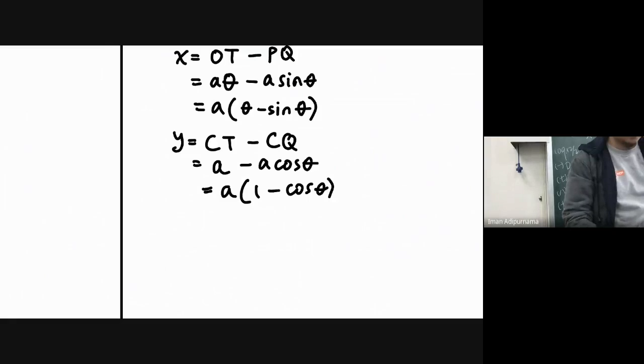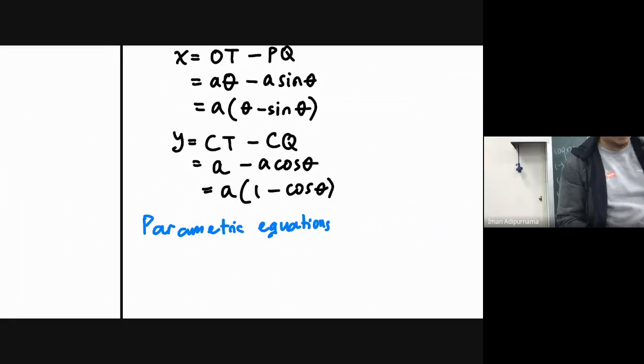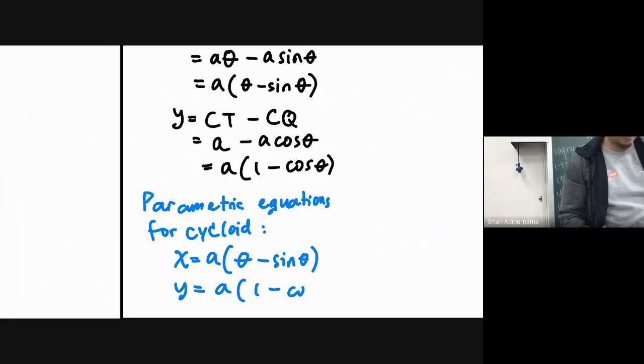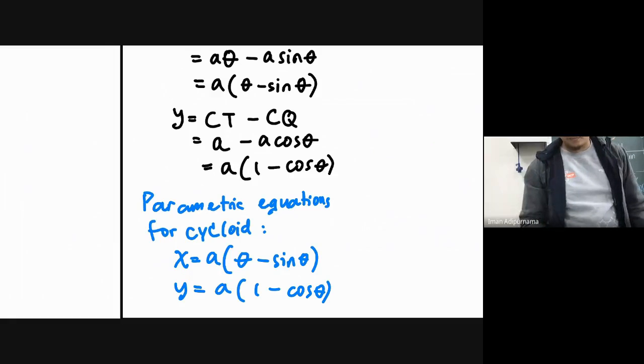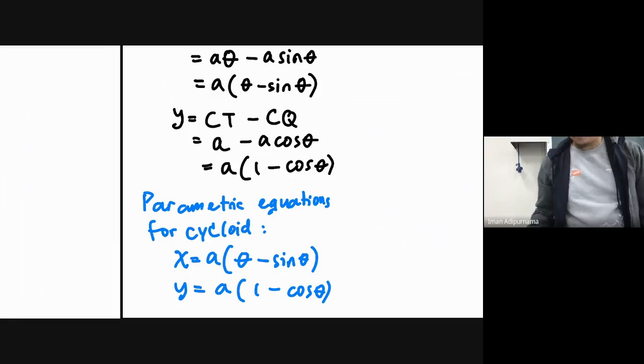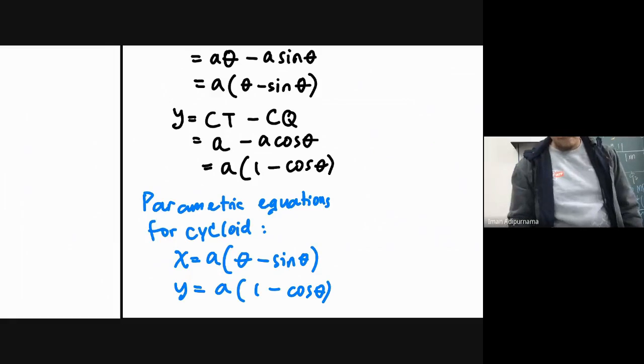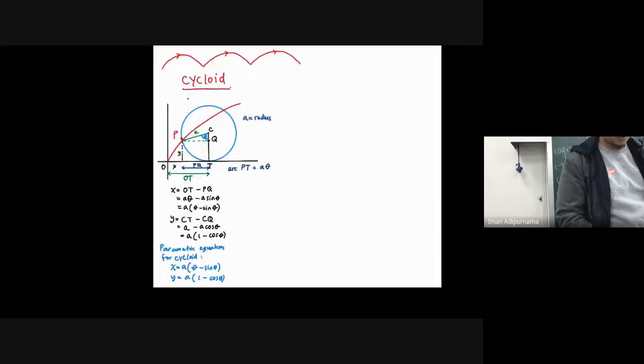So the parametric equations for cycloid: X is A times theta minus sine theta, and Y is A times 1 minus cos theta. Okay, cycloid.